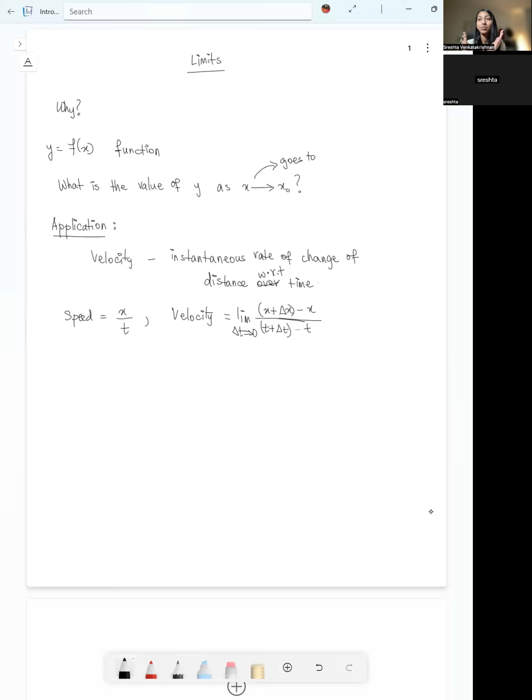And so the idea is that you approach the value of the velocity as your change in time goes to 0. That's an application of limit, as we can see here.